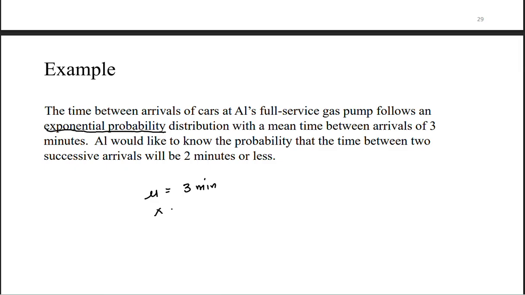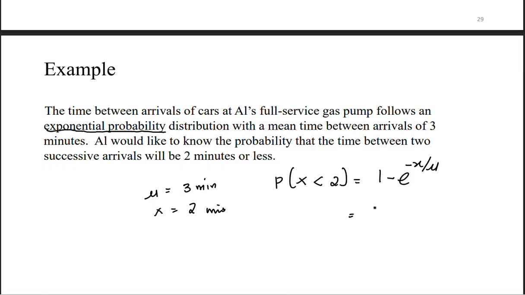So the x is equal to 2 minutes, and so we're looking at the probability that x will be less than 2 minutes. Again, our formula is 1 minus e to the power negative x over the average.